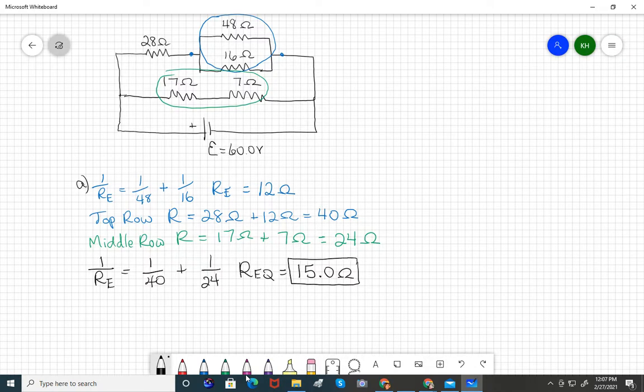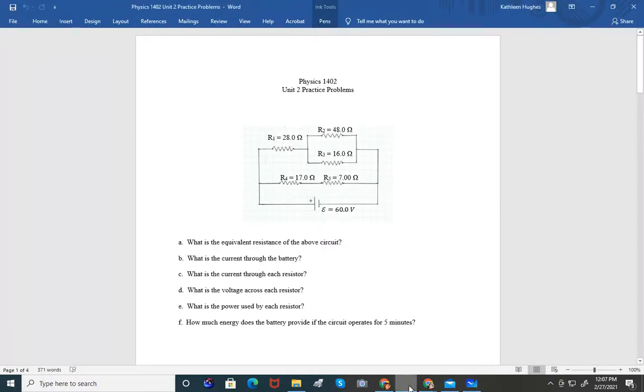I don't know if they're going to ask me for it, but I know that if the battery voltage is 60 volts, that the total current, let's see, maybe this is question B, maybe not. Let's look and see. Yes, question B says, what is the current through the battery?